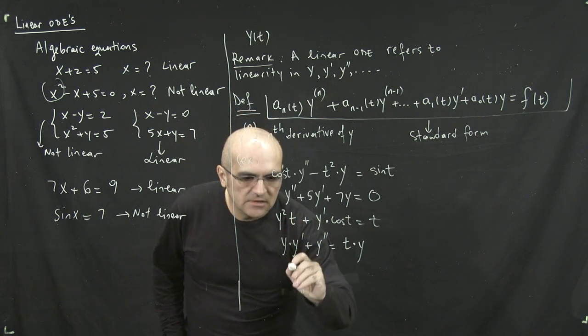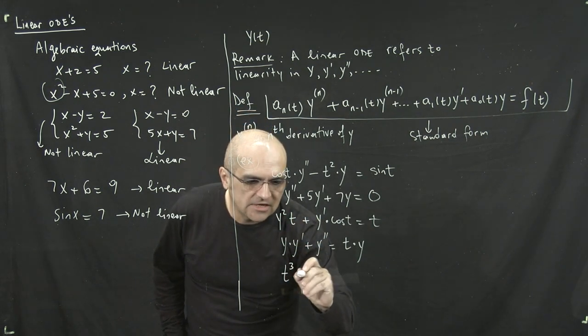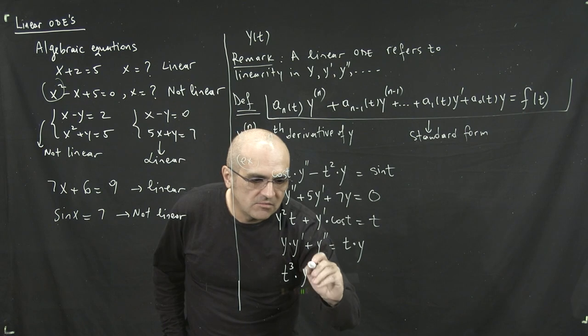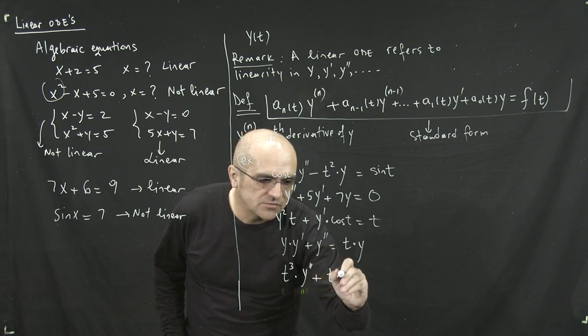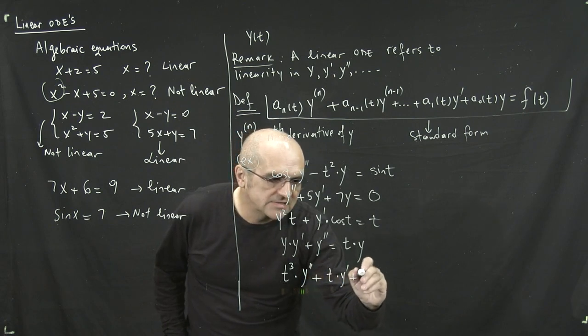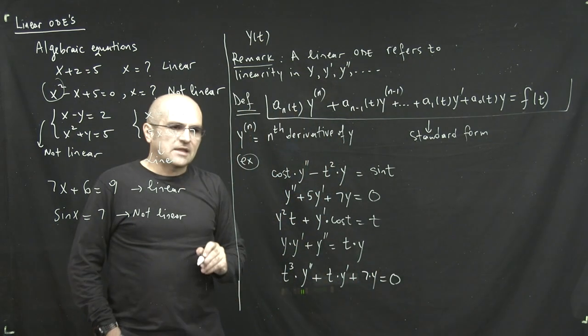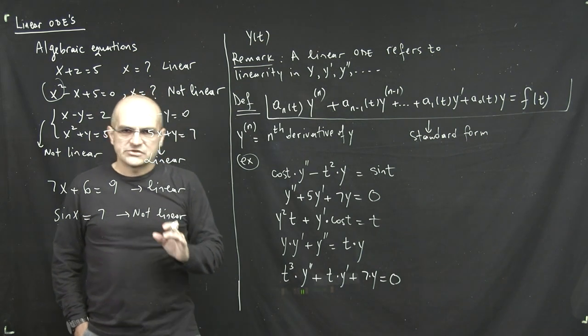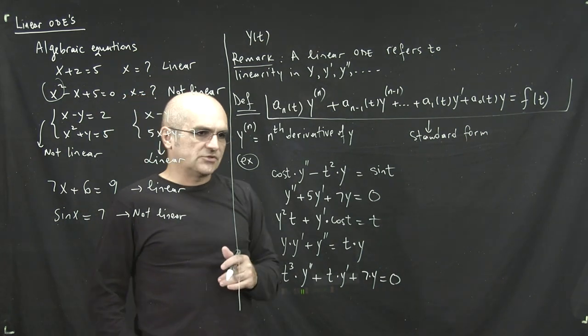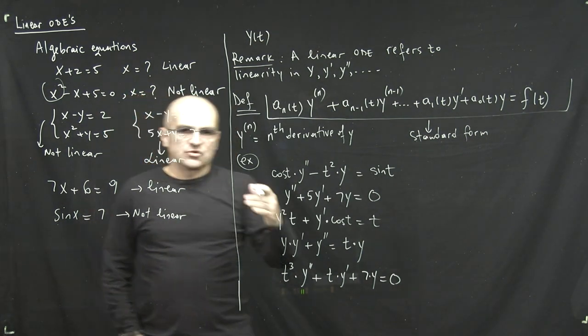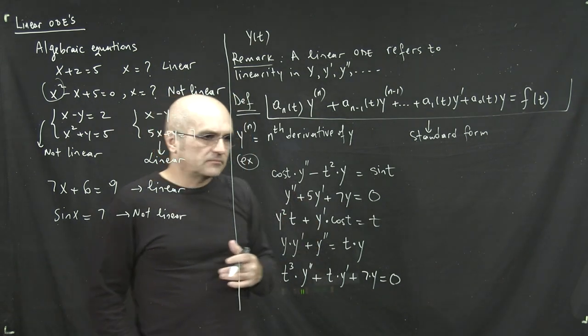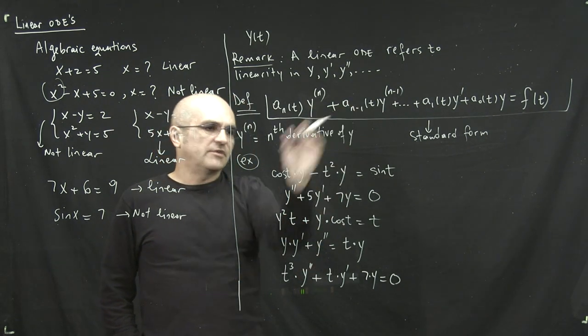And here's another one, t to the power 3 times y double prime plus t times y prime plus 7 times y equals 0. I think that's enough for now. Again, pause for a moment and try to figure out the answer. Question is, which of these is linear, which one is not? So again, try to match this with the definition.